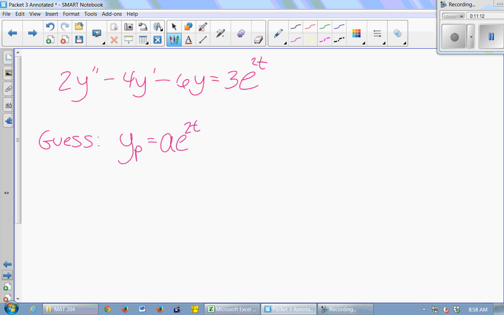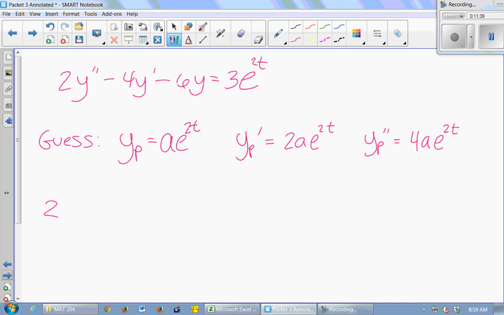So if y particular is a e to the 2t, then y particular prime, the derivative of that, would be 2a e to the 2t. And y particular double prime would be 4a e to the 2t. Then I'm going to take my y particular prime and my y particular double prime, plug it into my equation, figure out what a will make it true.